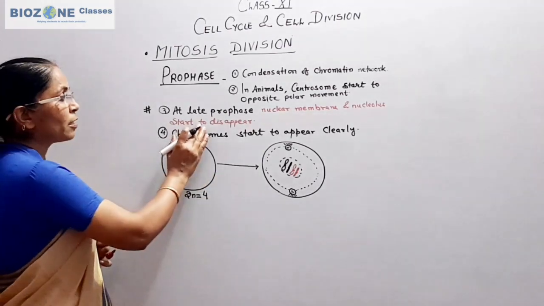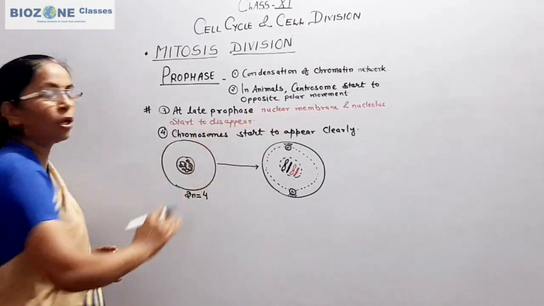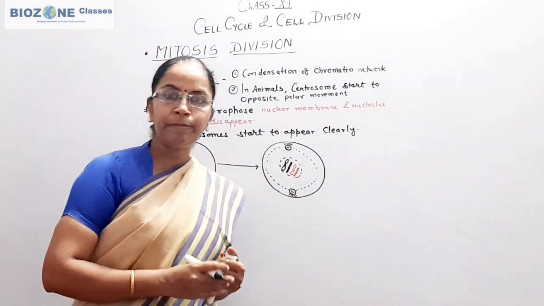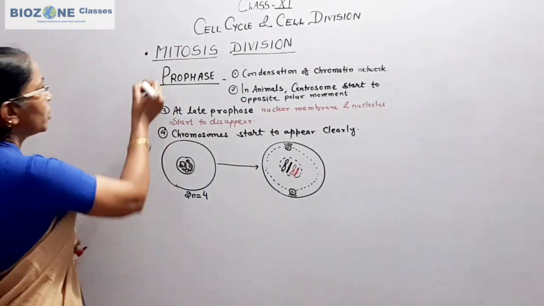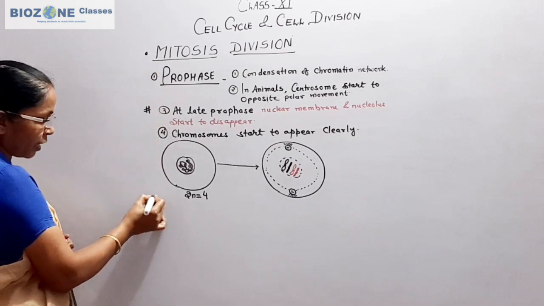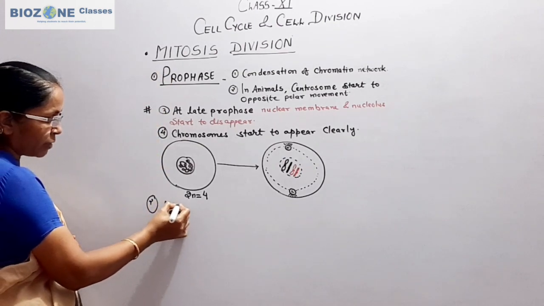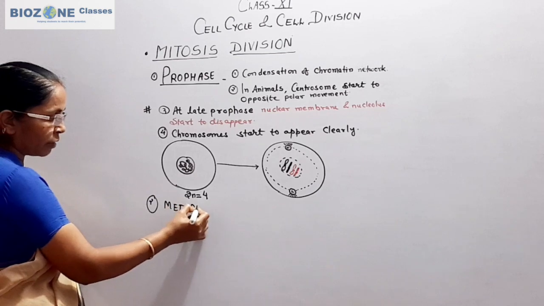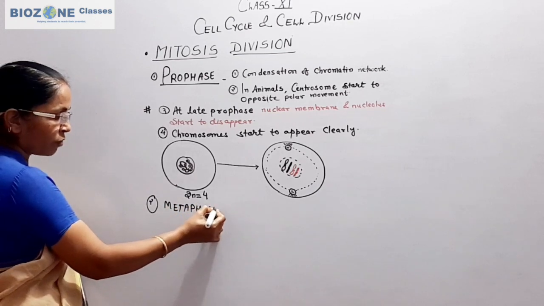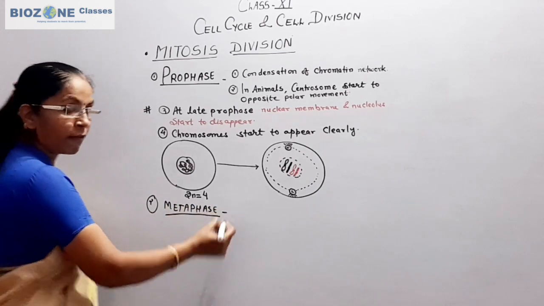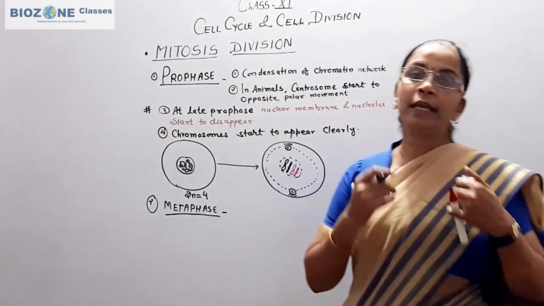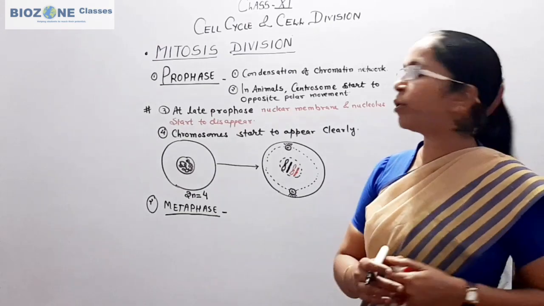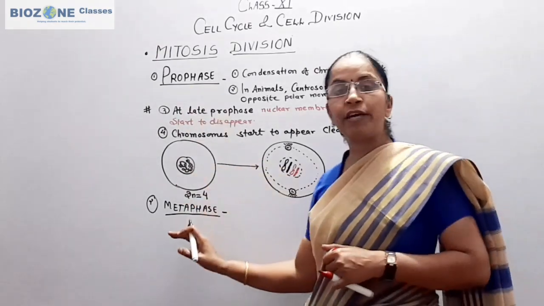Once the nuclear membrane and nucleolus disappear, the prophase immediately changes into the second phase, called metaphase. ये part याद रखिए. The first line of the NCERT for metaphase is one of the important lines, because it indicates how you can differentiate between prophase and metaphase.